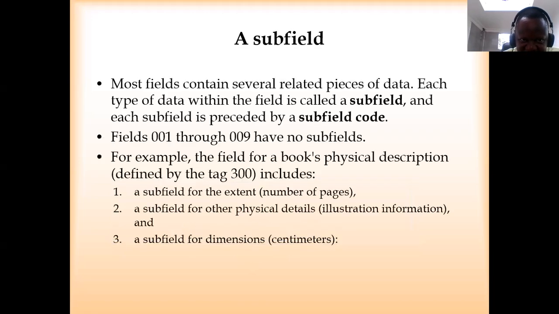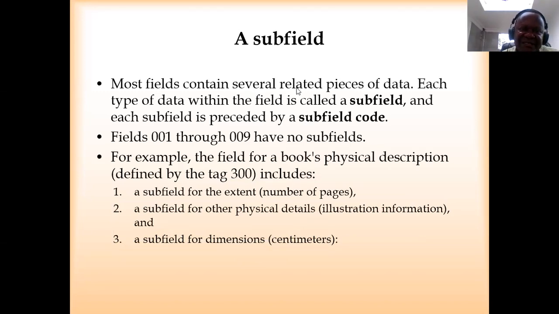Then the subfield B, illustrations. But remember, the punctuation is already there before the subfield. Then subfield C is the size or dimension. Its punctuation is there. When I go backwards, remember they were talking about a subfield.